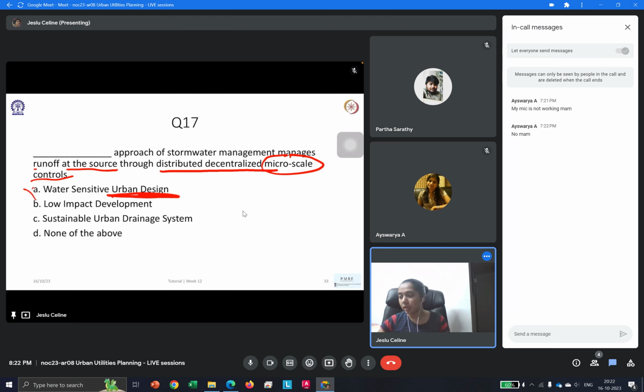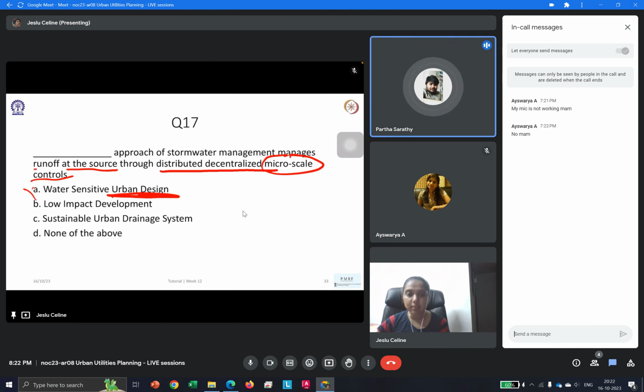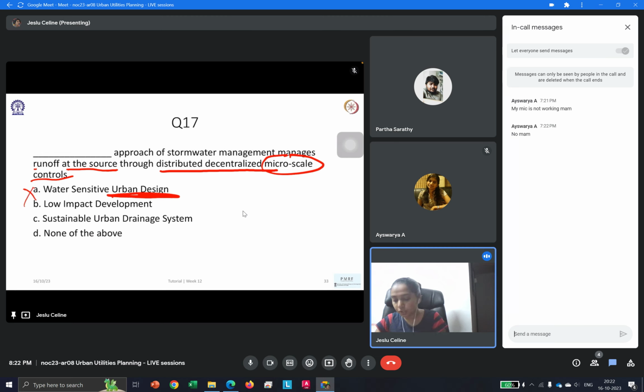So this is not a distributed, decentralized micro-scale control. Then B, is it low impact development? Yes, ma'am, because it is mentioned as low and micro. Plus, you are doing it at the source itself. These are the two keywords: it's micro scale, plus it's done at the source.